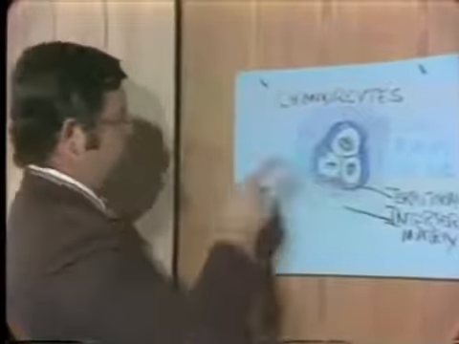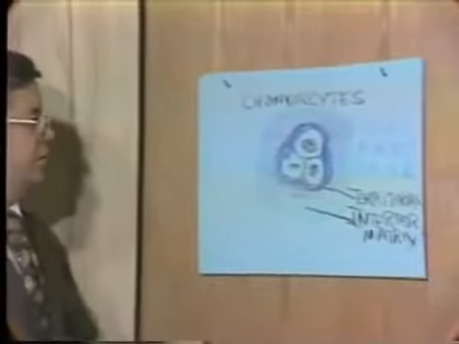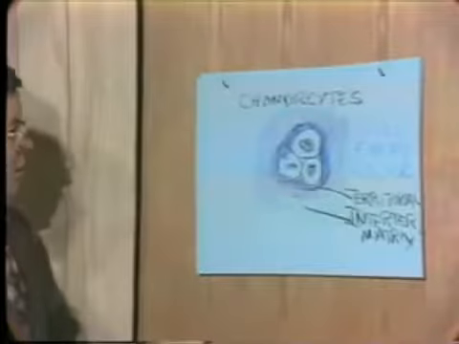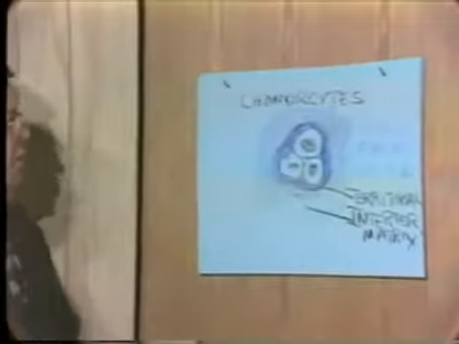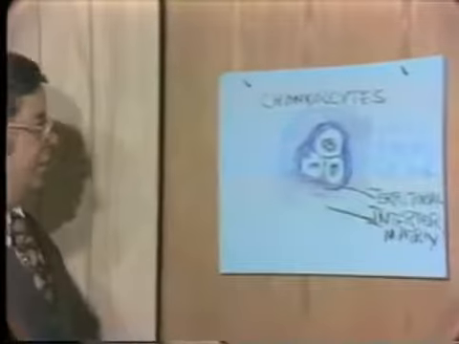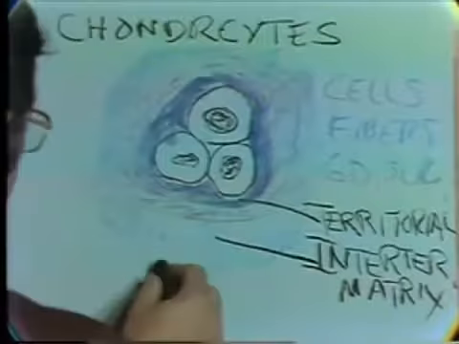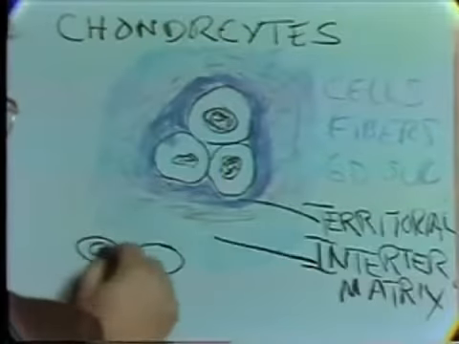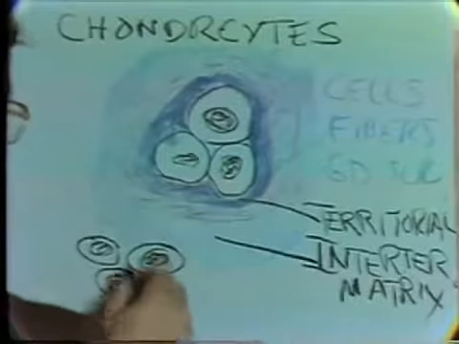So we've got groups of chondrocytes surrounded by fibers and ground substance. The ground substance is, of course, mucopolysaccharide, and in cartilage, it's very concentrated, and it masks the fibers that are in the connective tissue around here. Let's draw in, just for completeness, another group of cartilage cells, and these would all be from the same cell.